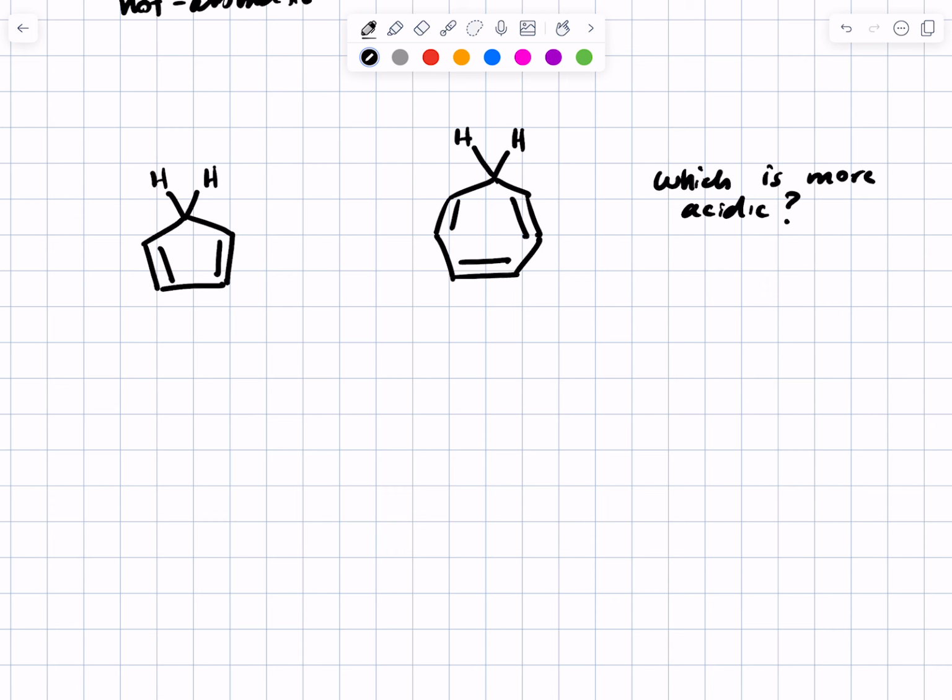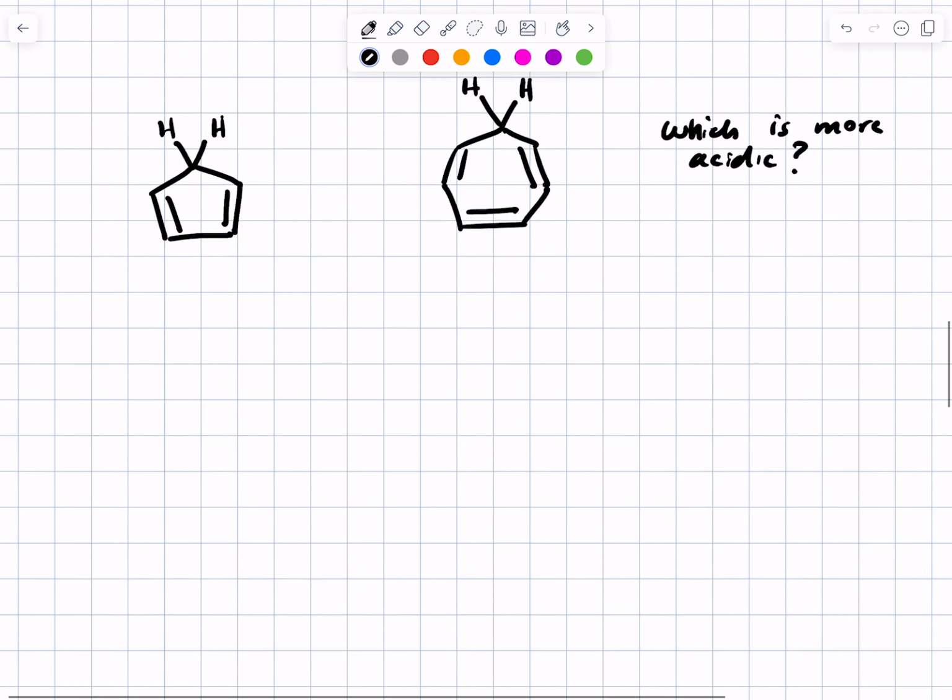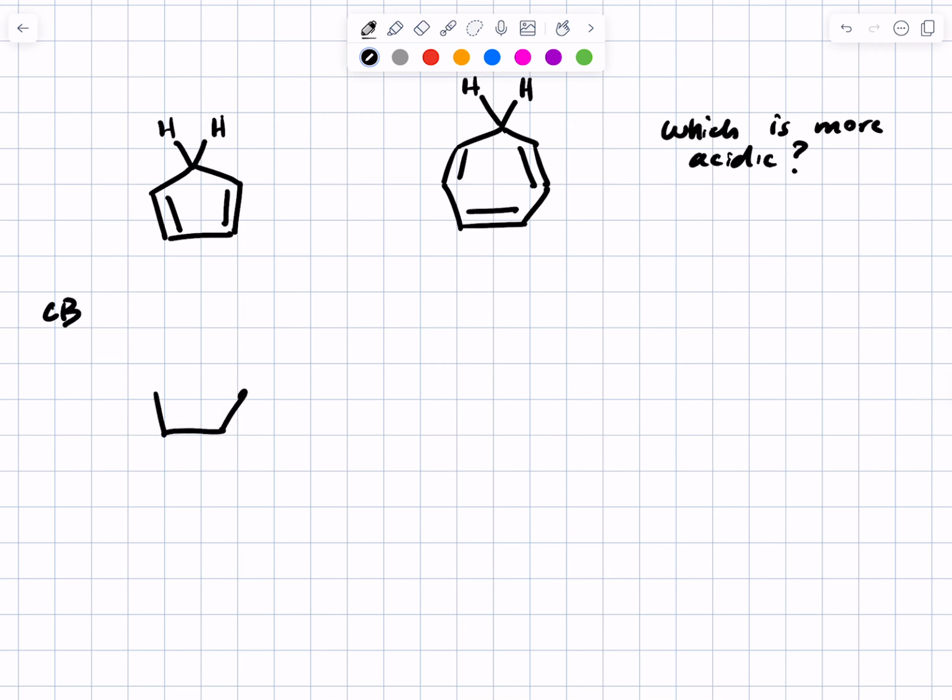What you're not realizing is this is actually a question about aromaticity. And the way you get there is by calming down and remembering how we deal with acidity. And that is, we often rationalize acidity by thinking, what is the stability of the conjugate base? So go ahead and draw the conjugate base of both of those molecules.